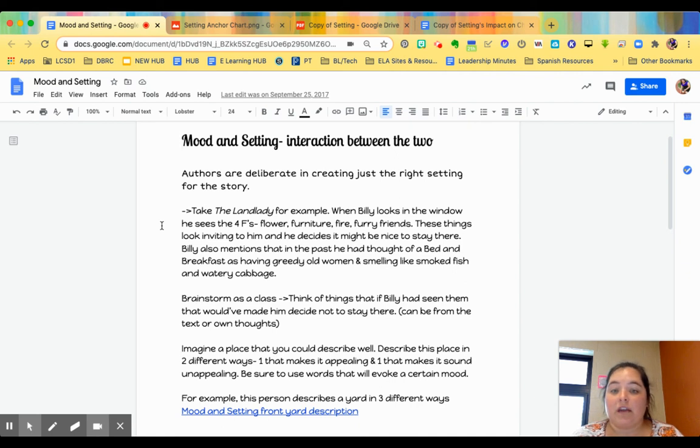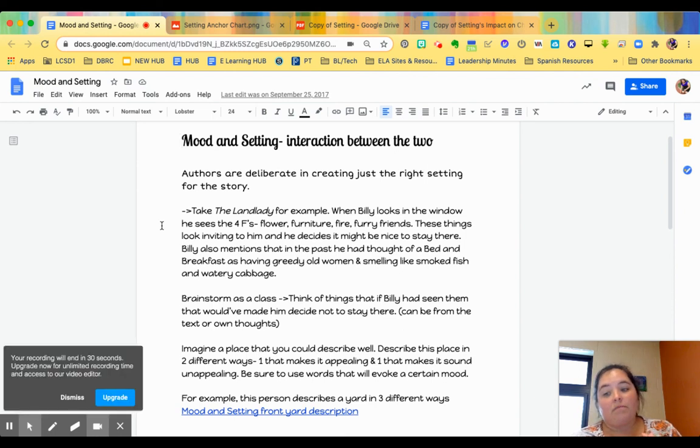If it's a hurricane or a tsunami coming, we're probably not going to feel very great about the beach setting in that moment, right? So setting not only impacts the characters and what they're doing or their actions and reactions, but it also impacts how the characters feel as well, okay?